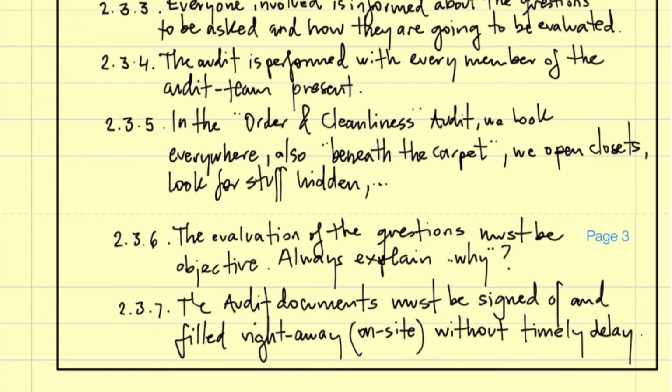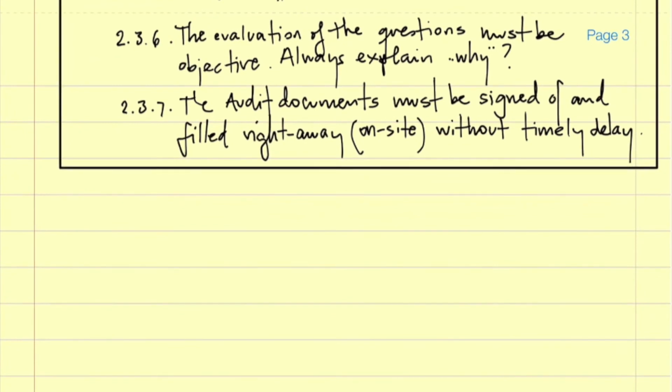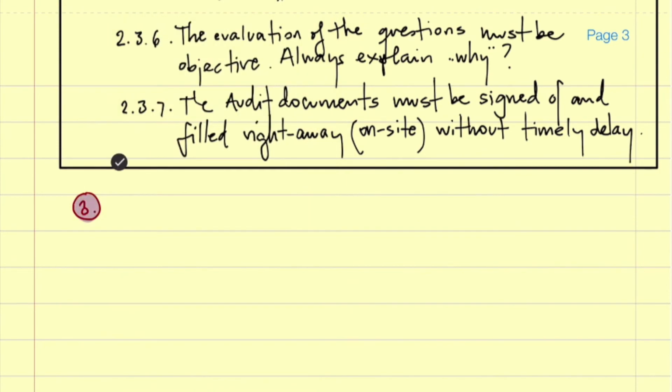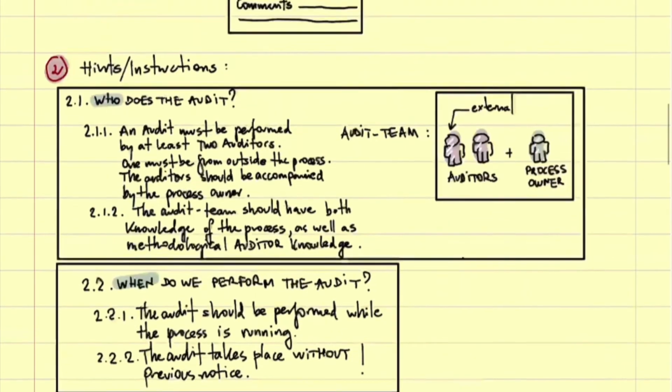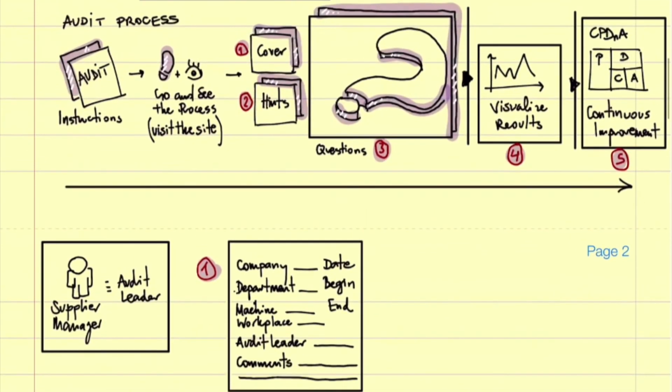Okay, so then we get to the part of the questions itself. Now it gets specific, this is number 3, I guess. The other thing was number 2, number 1, and now we are here in the questions part, what we are going to ask and evaluate.